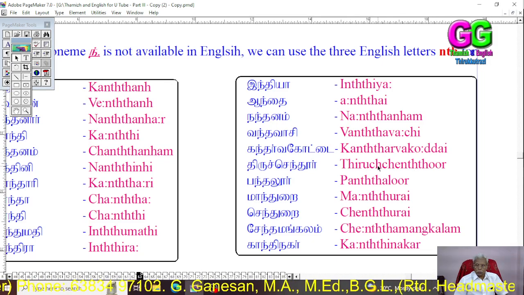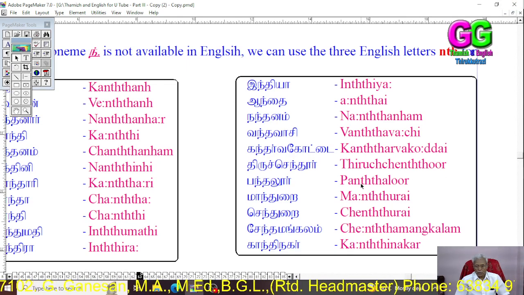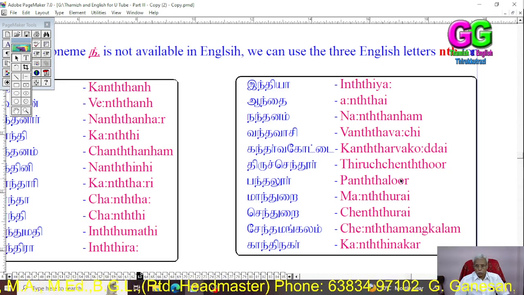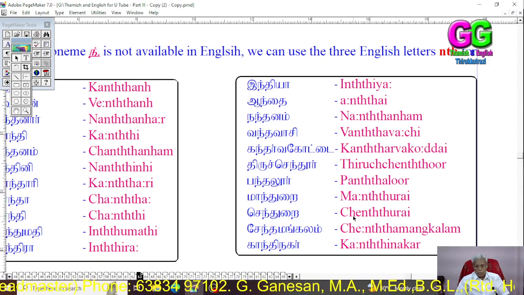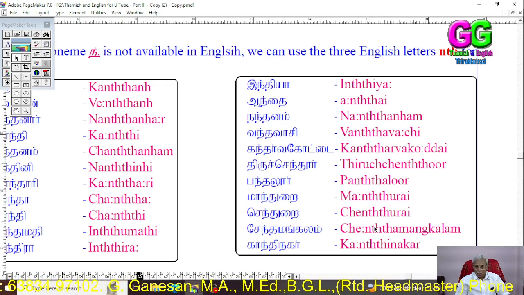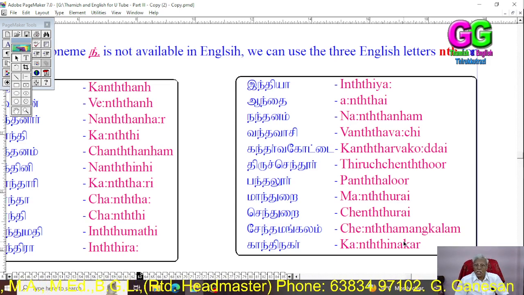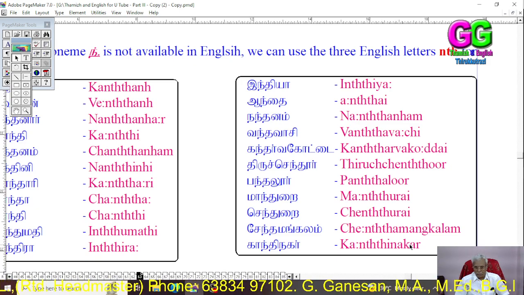Ti, ru, it, che, in, tu, ir, Tiruchendur. Pa, in, ta, lu, ir, Pandalu. Ma, in, tu, rai, Mandurai. Che, in, tu, rai, Chendurai. Che, in, ta, ma, in, ka, la, im, Chendamangalam. Ka, in, ti, na, ka, ir, Kandinagar.